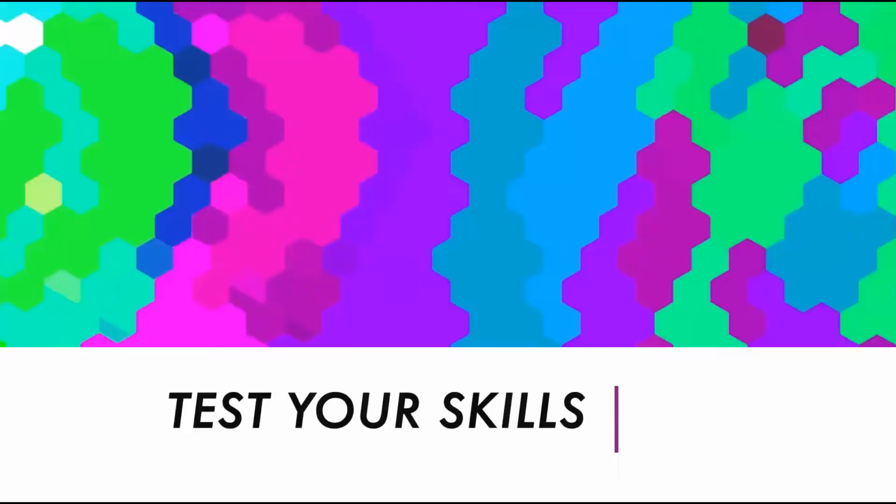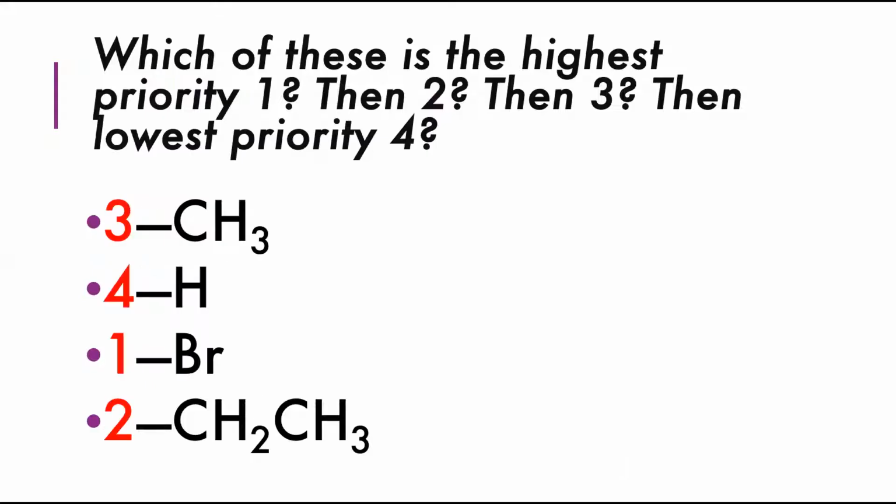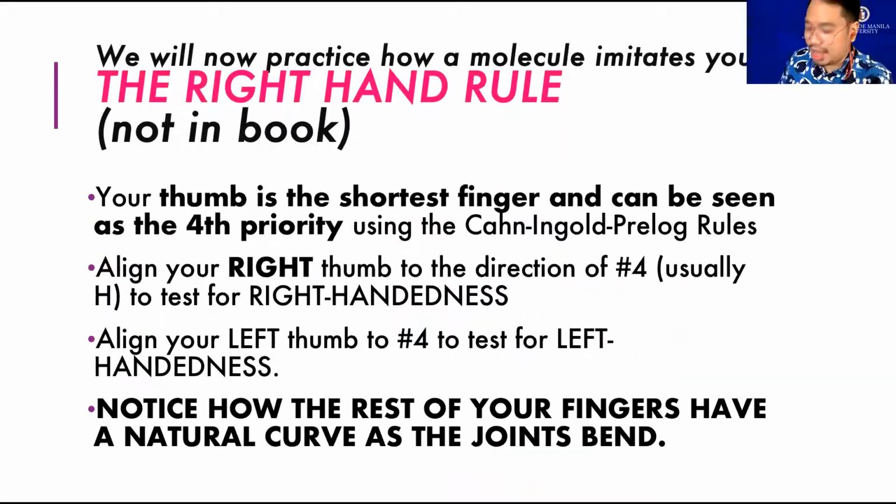Thank you. Okay. Now that, okay, ito na. So this is where I need your cams back again. Now that we know how to label the fingers of our molecules, we will then find a way to interpret it as if it were a hand and to know if it's now a right hand or a left hand molecule.